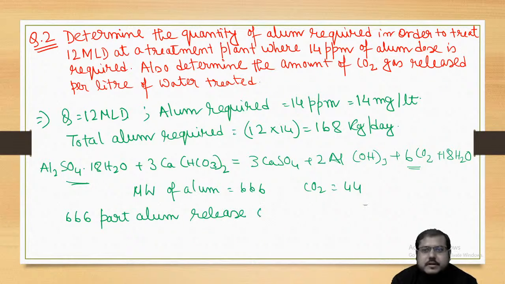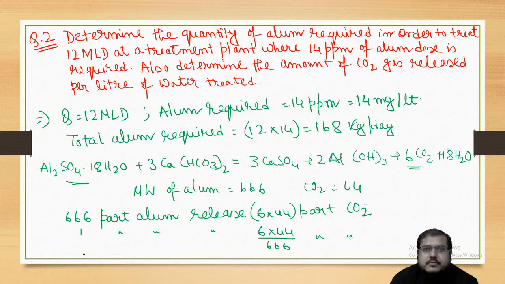Release 6 into 44 part carbon dioxide. 1 part alum releases, your answer will be 5.55 milligram per liter.